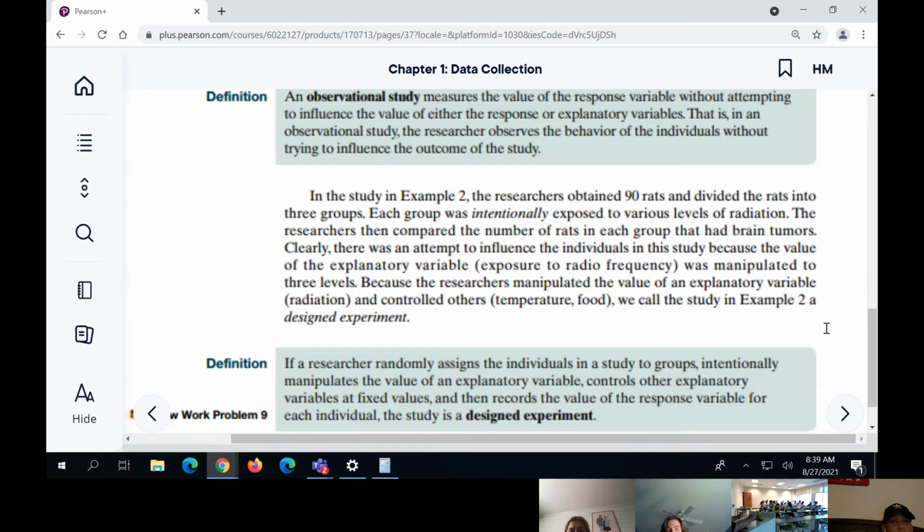So, okay, I'm going to say put a mouse in a box and then put a mouse in a maze. Okay, that is an observation and an experiment. If you are running the mouse through the maze all the time and then you put a piece of cheese in the maze, that is the difference between observation and experiment. When you interject something into an observation, it is considered to be an experiment.